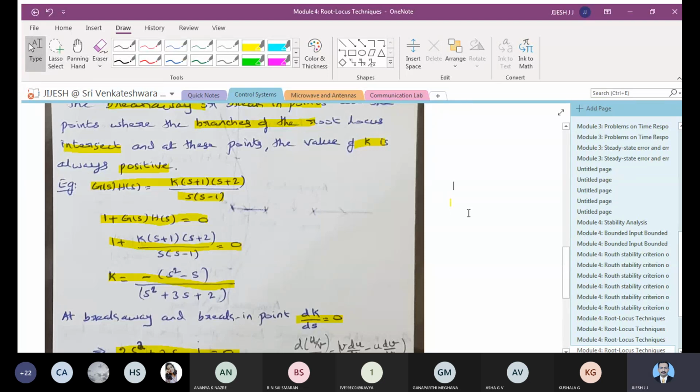So what you have here: s equal to minus 1, and s equal to minus 2, these are the zeros, and we have poles at s equal to 0 and s equal to 1.